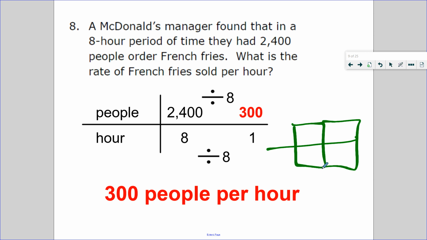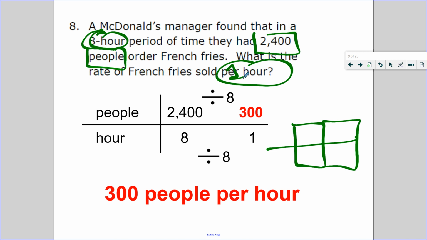A McDonald's manager found that in an 8-hour period, they had 2,400 people. What is the rate of people served per hour? Per means 1 each hour. So this is about people, an hour. So where would I put 2,400? Under people.